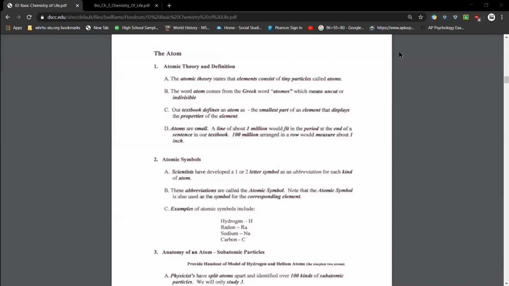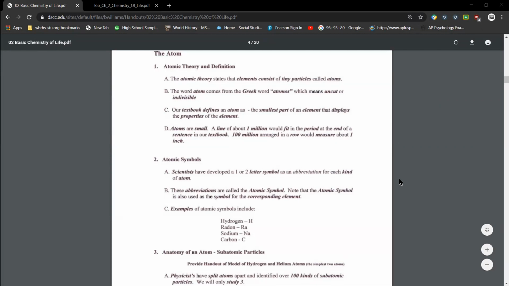If you remember from last class or the class before that, I said that matter was anything that takes up space. So everything you see around you, anything that takes up any kind of space, is matter. And that matter is made up of these tiny particles called atoms. An atom is the smallest part of matter. You can't break an atom down any more than it already is because it's so small.